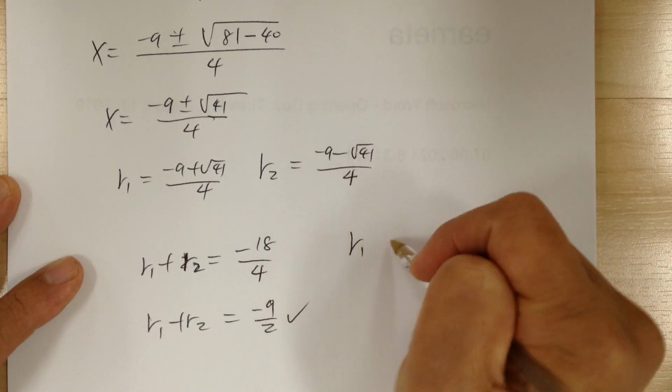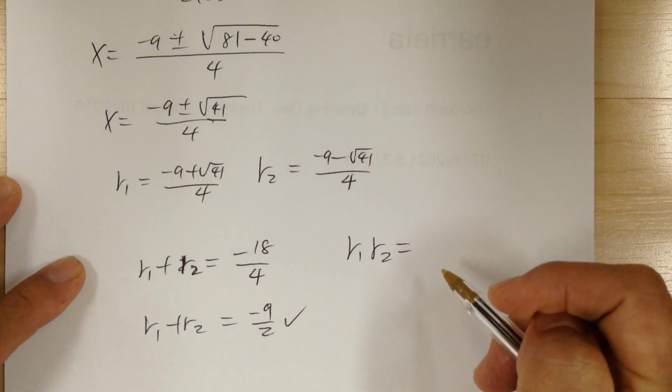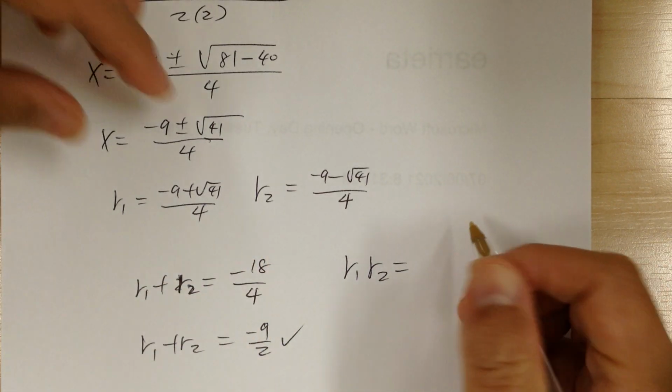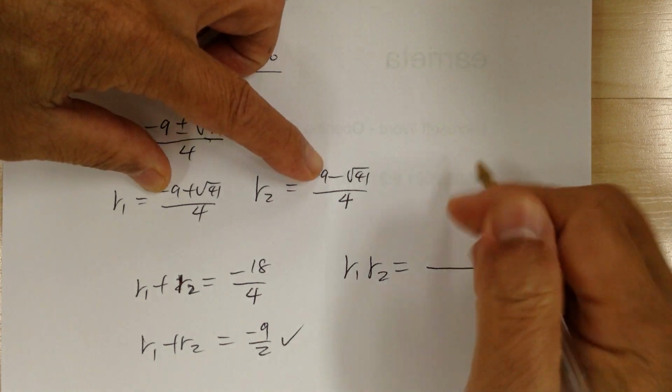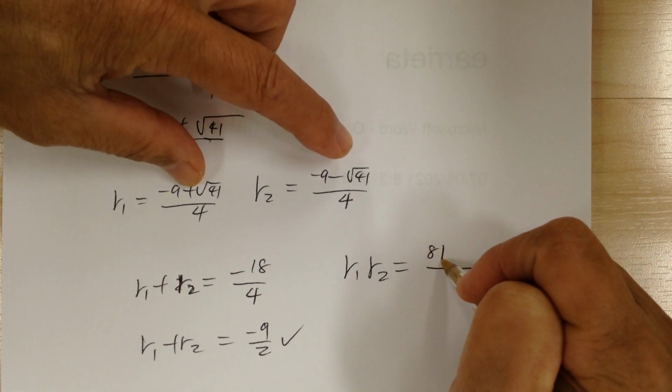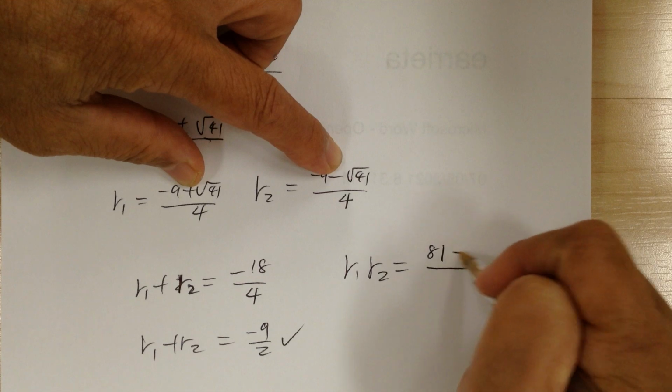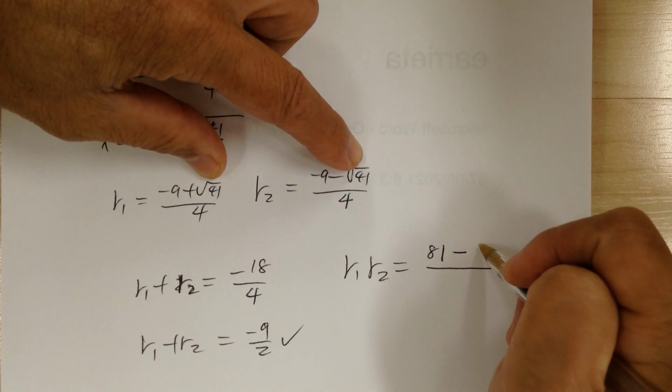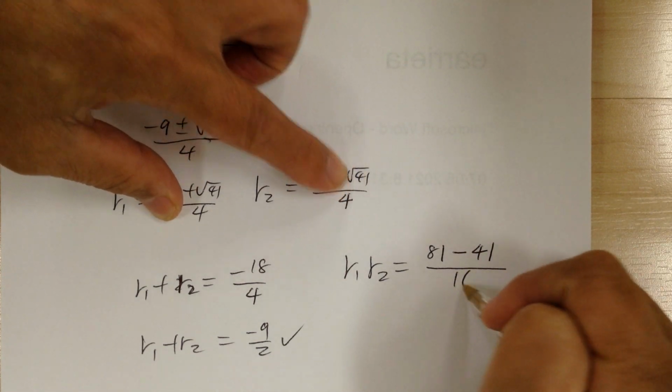So now the product, r1 times r2. You want to check to see if this is correct. When you multiply, negative 9 times negative 9 is 81, plus times minus is minus, square root of 41 times square root of 41 is 41, 4 times 4 is 16.